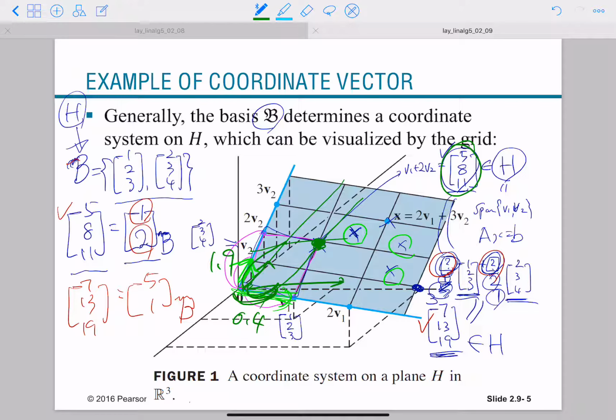Okay, so that will be the coordinate relative to another basis using v1 and v2. Okay, but those 2 points are really the same point, 5, 8, 11 for example. So that point can be represented as a different coordinate vector relative to a different basis, even when representing the same point.